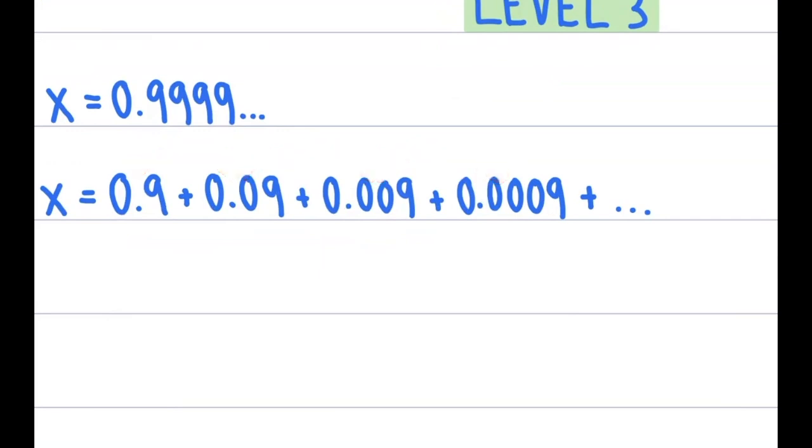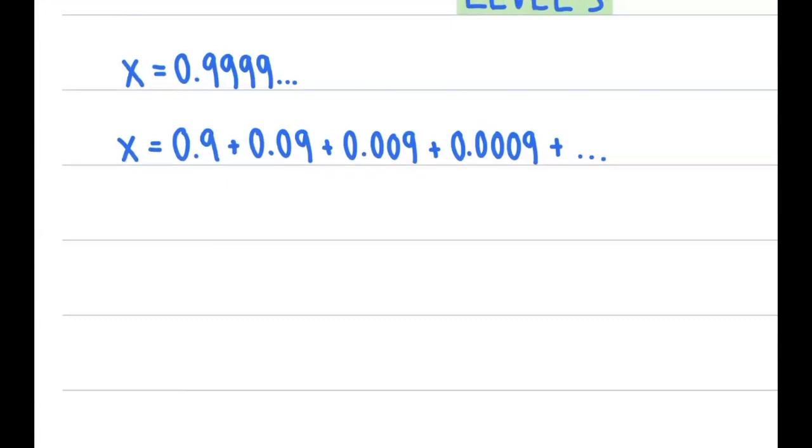So you can see we're multiplying by 1/10 because the decimal point is just moving to the left one. This is 0.9, 1/10 of that is 0.09, 1/10 of that is 0.009, and 1/10 of that is 0.0009. That's called a geometric series. Each term is some number, in this case 1/10, times the previous term.